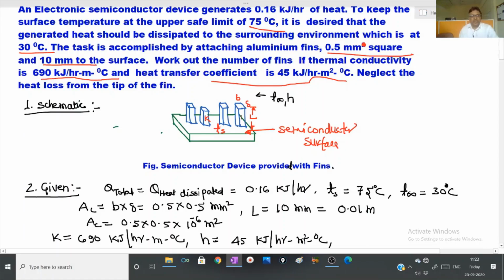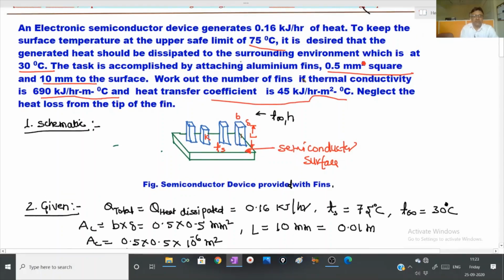After drawing the schematic, let us list all the given things. As mentioned in the problem, the surface generates 0.16 kilojoule per hour of heat. So this will be the total heat to be dissipated from the surface.